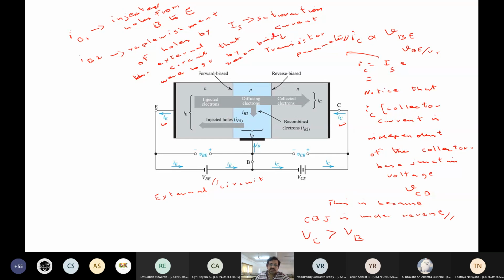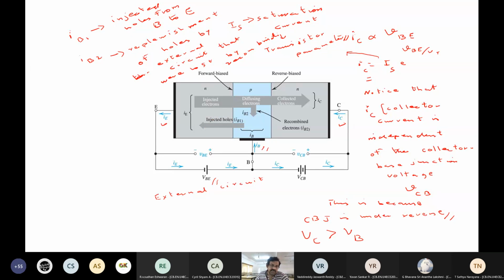So we understood that there are two components here, and the collector current is dominated by the majority electrons from the emitter reaching the collector. The holes are positively charged, so the conventional current will be in the same direction as the movement of the holes.